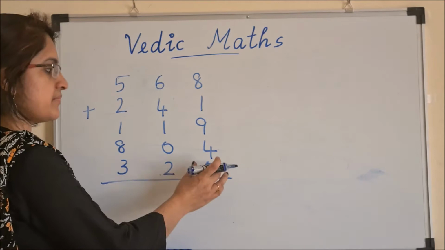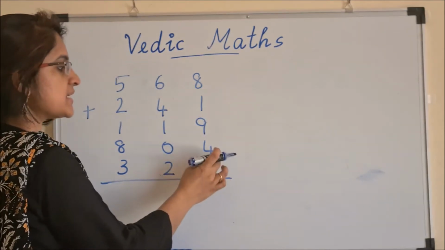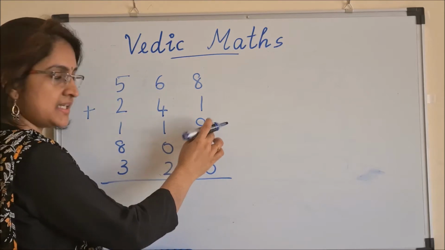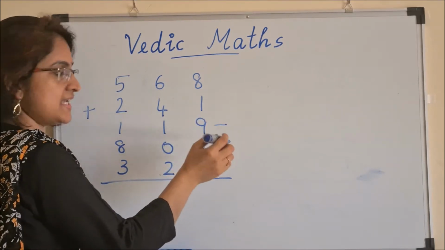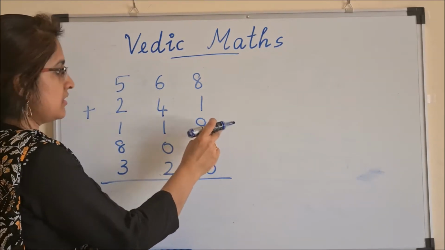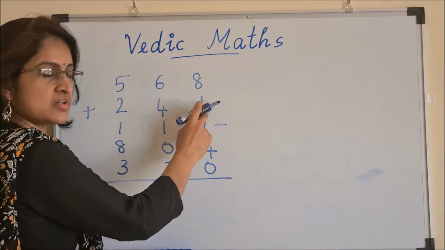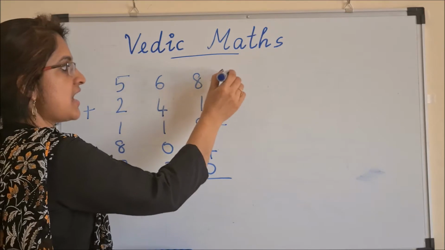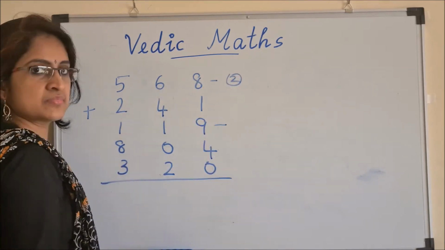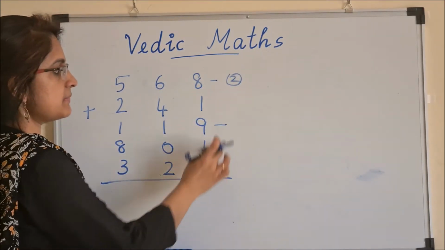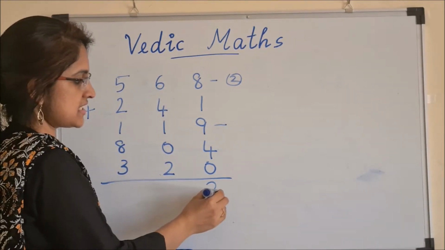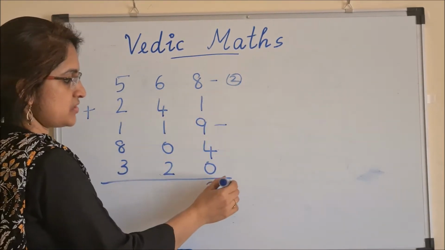Starting from this end, 0 plus 4 is 4, 4 plus 9, 13, which is 3 in mind and a hyphen here. 3 plus 1, 4, and 4 plus 8, 12, which is a hyphen and a 2. So the answer here will be 2.